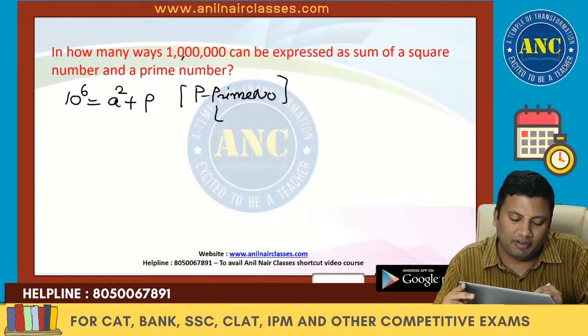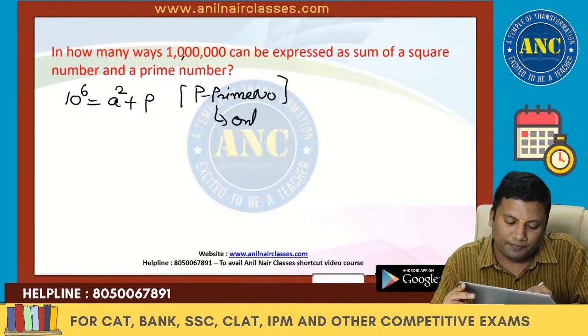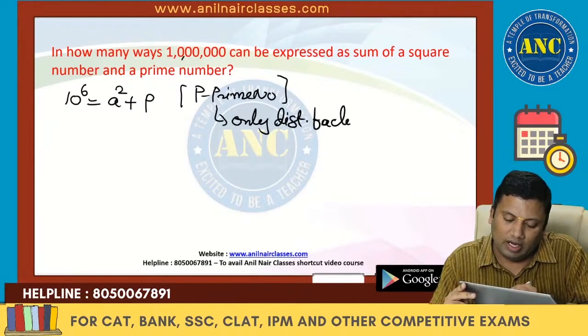The definition of a prime number is that it has only 2 distinct factors, 1 and itself.